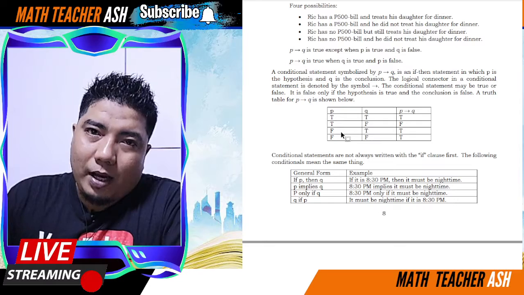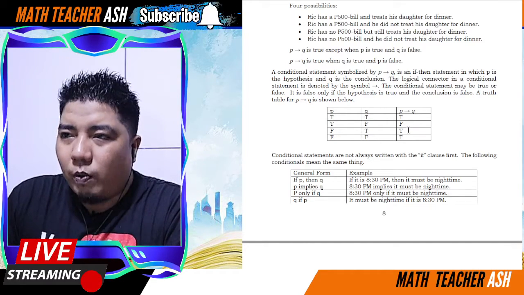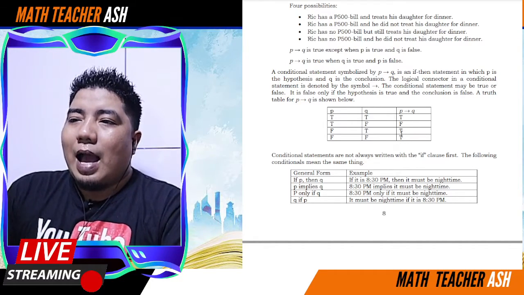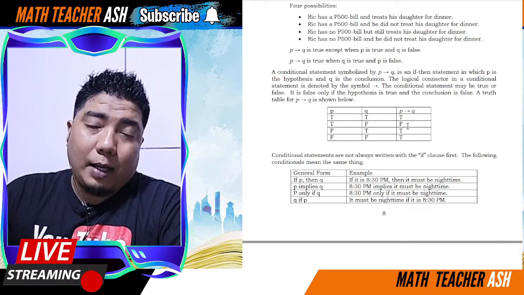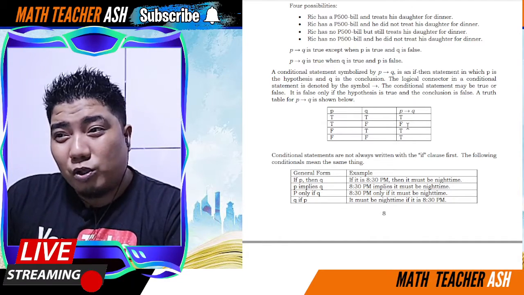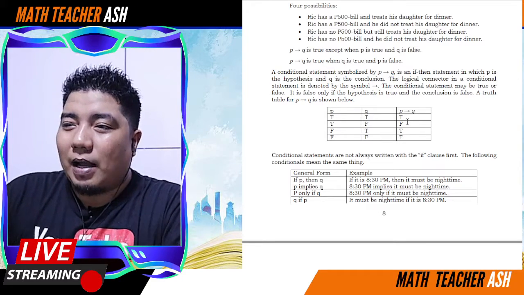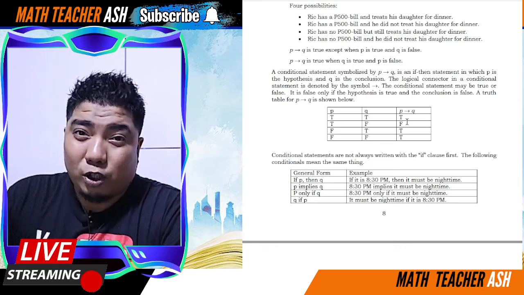Kapag false naman ang sanhi, pero true ang naging conclusion, it can be true. So, technically speaking, ang magiging false lang is kapag ang hypothesis ay true, pero yung conclusion niya ay false. Alright? So, ganun lang ang pagkakataon na ang buong if-then statement is false totally.